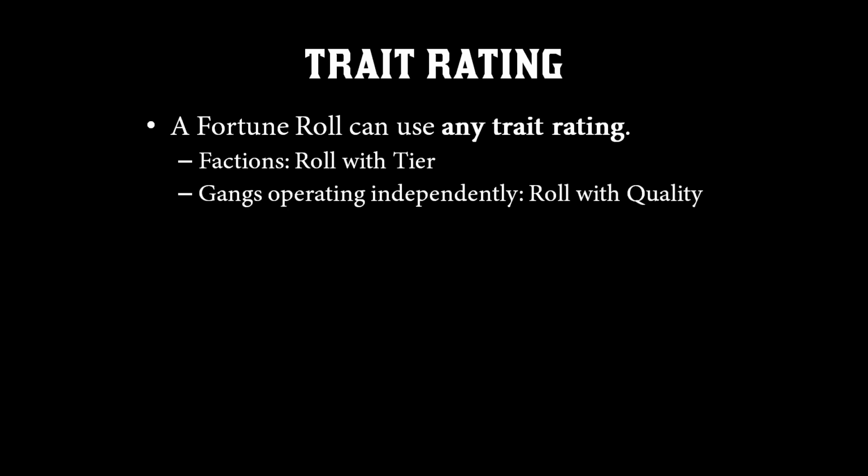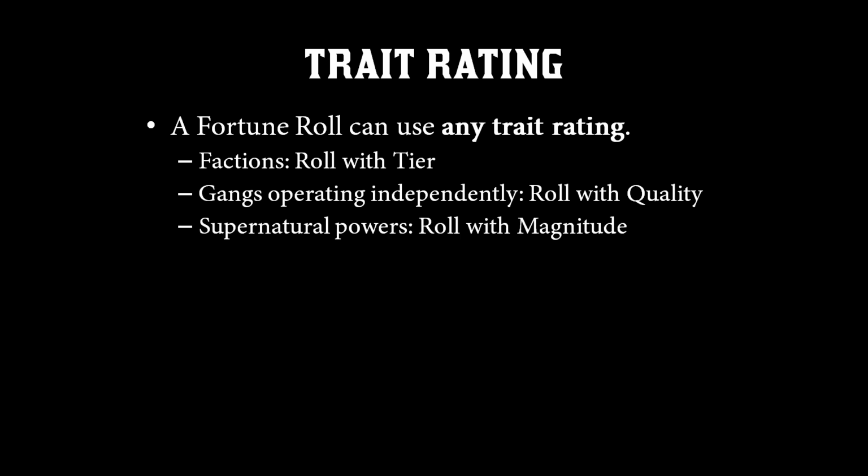Gangs operating independently of a faction, you can roll with quality. That is basically the tier of the gang plus any modifiers that are on that tier. Normally it's equal to tier, but you can have some modifiers that increase or decrease quality above or below what tier is.